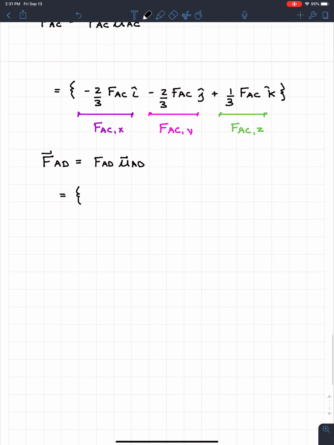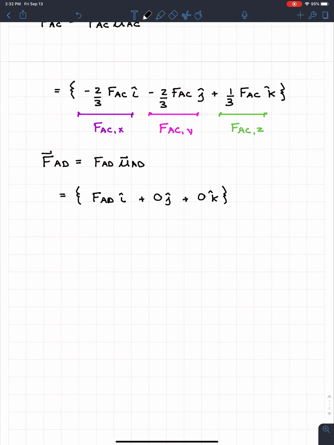So this one right here, I'm just going to put it's equal to FAD in the i direction. And then you can stop it here if you want, but I like to put 0j plus 0k, just to keep things in order.